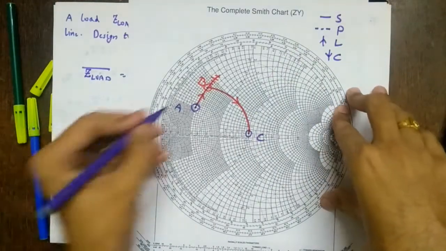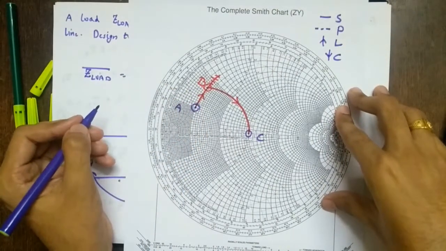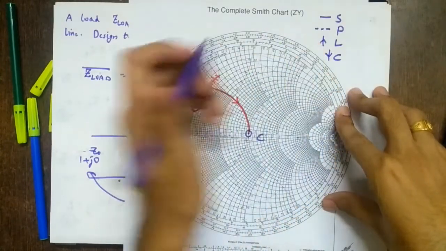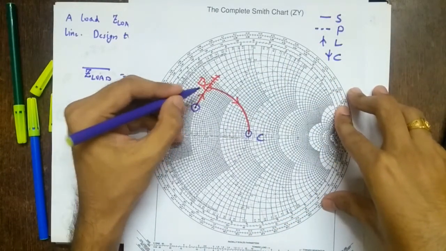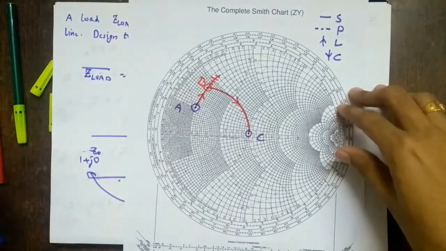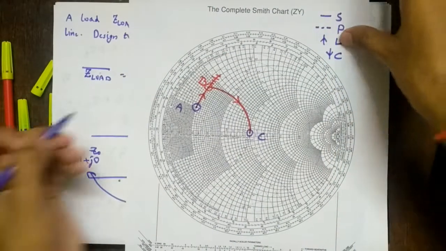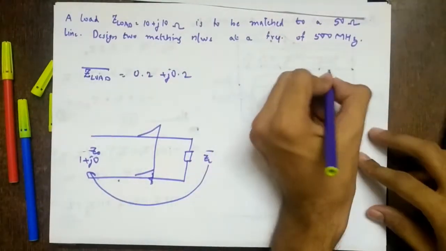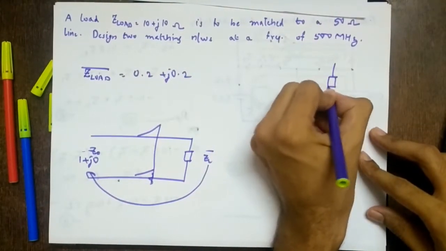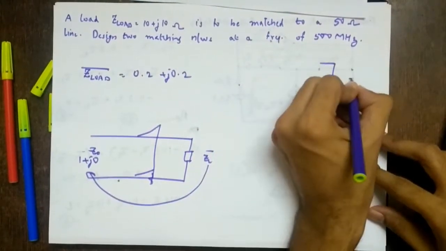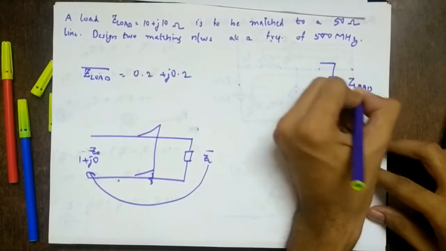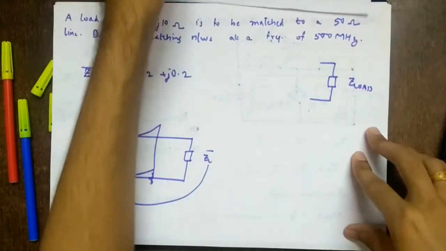Okay. So from A to B, we have moved where? Upwards. So it is what? Inductor. And if you check, it is a solid line. So it is what? In series. Correct? Yes. So let's draw the diagram now. So we have a load Z load. Fine.